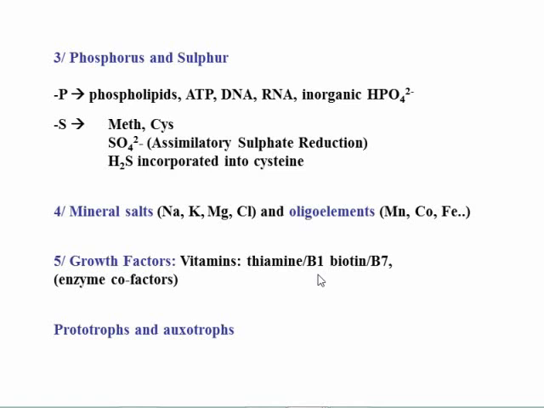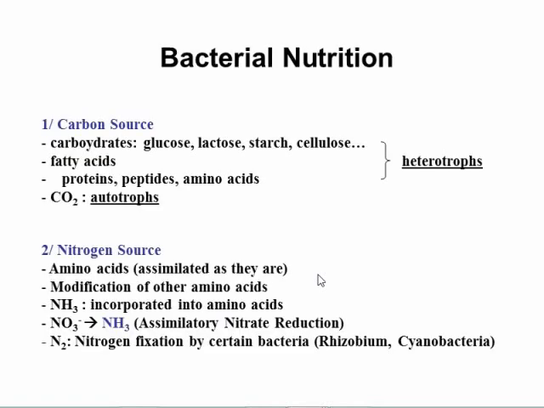Now imagine you're making up a very, very simple defined medium for the growth of bacteria, right? You put in carbon source, nitrogen source, and a few minerals. Okay, very simple defined medium. You'll have, I don't know, some glucose.